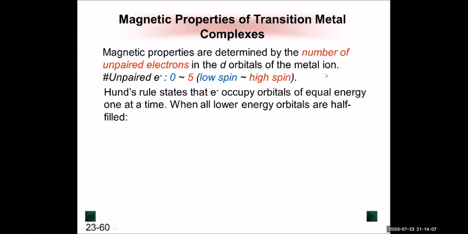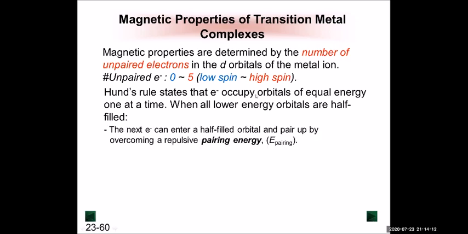And with unpaired electrons, it can be attracted by magnets. We call these paramagnetic. Because we're dealing with the 5 d orbitals, the maximum number of unpaired electrons will be only 5, and the lowest will be 0, which means there are either no electrons or all the electrons are paired. And so those are the numbers of unpaired electrons.